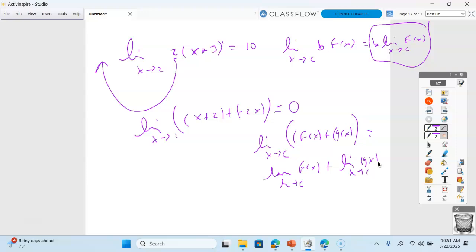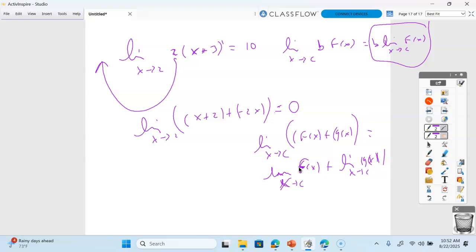The limit of f of x as x approaches c plus the limit of g of x as x approaches c. That's handy.